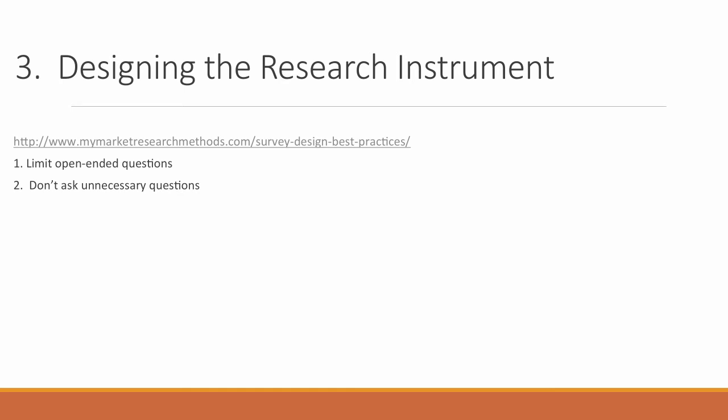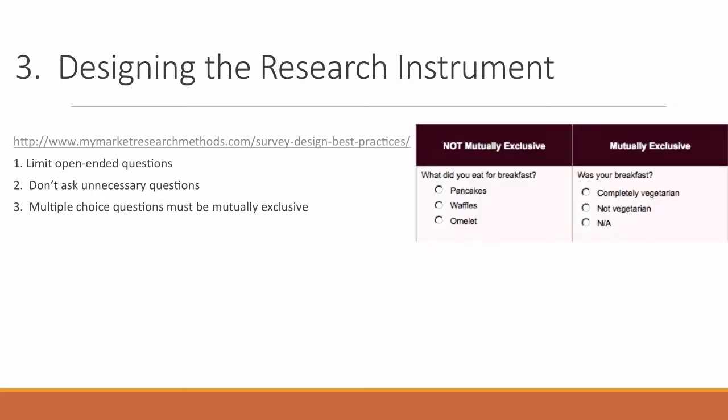Don't ask unnecessary questions. Again, the shorter the questionnaire, the better. So while it might be nice to know, is it something you really need to know to solve the problem at hand? Make sure that any multiple choice questions you have together mutually exclude all possible answers. Let's look at this one for example. What did you eat for breakfast? Pancakes, waffles, and omelets.